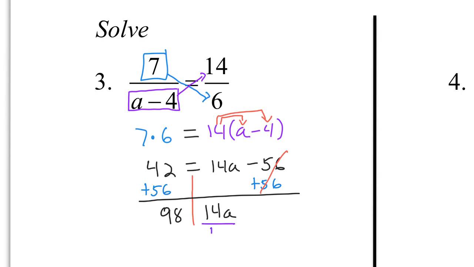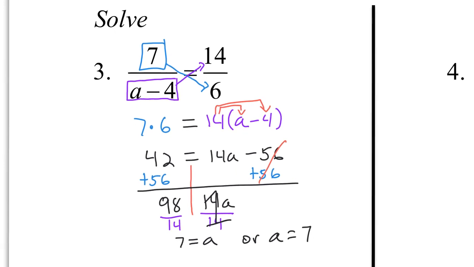We are going to divide by 14 here. So you're going to divide 98 by 14, and the answer is 7. So 7, let me write it down, 7 equals, this turns into 1, we don't need it, a. Or we can say a equals 7.